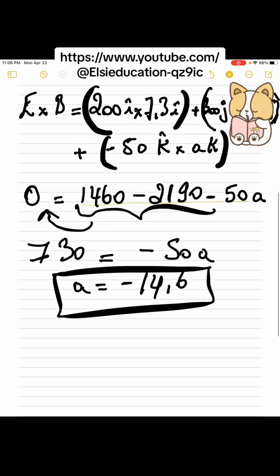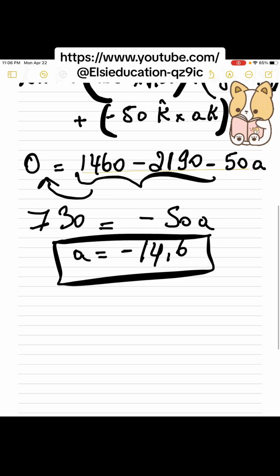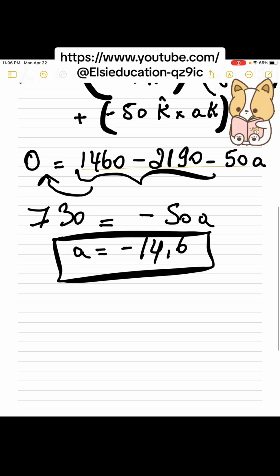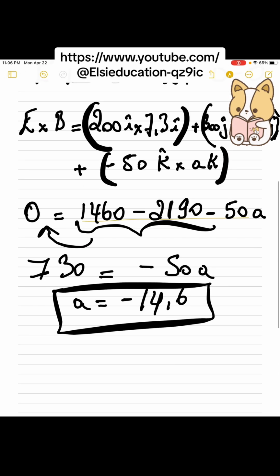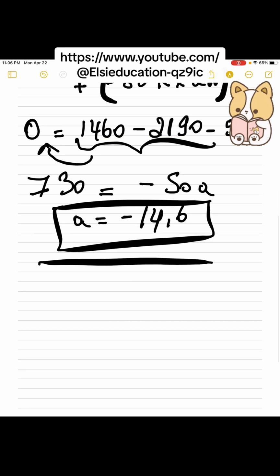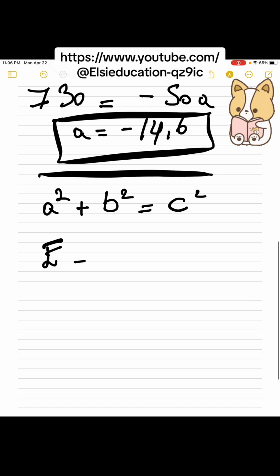Okay, this was for question A, so let's put it here: we found the A. For question B, we know that A squared plus B squared is equal to C squared, and this is what we're going to do here, with E equals C times the magnetic field.